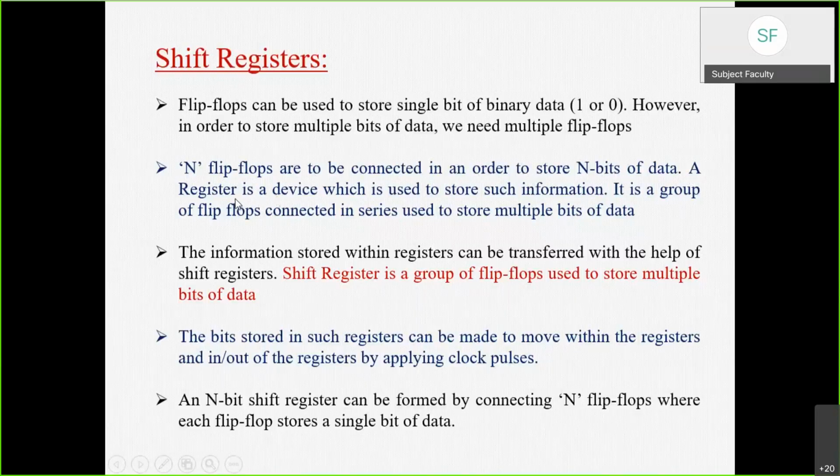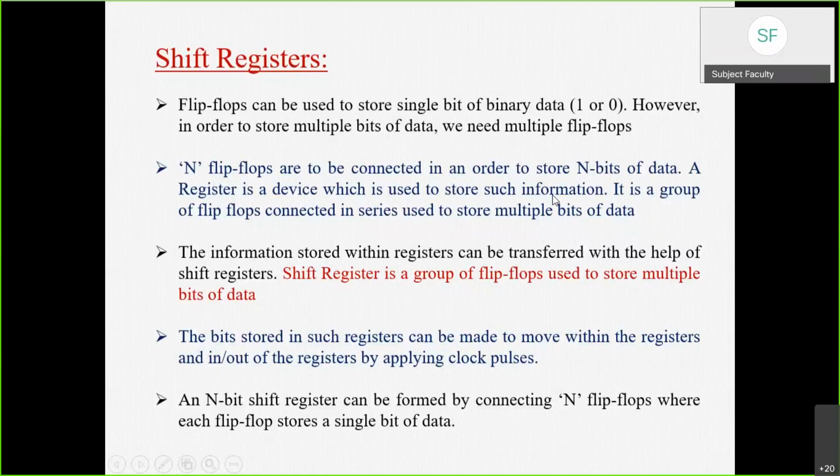Then a register. What is a register? A register is a device which is used to store information. So basically a register is a group of flip-flops connected in series to store multiple bits of data. This is a very important definition.